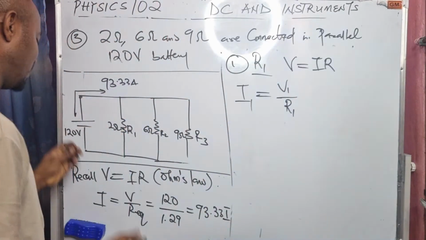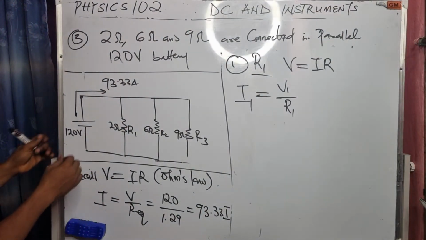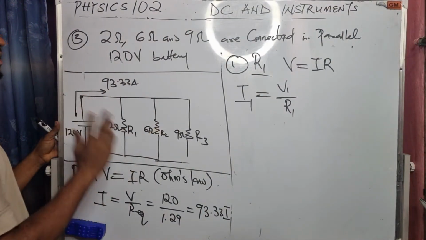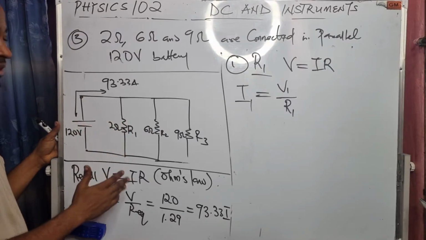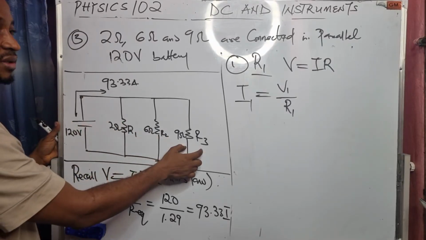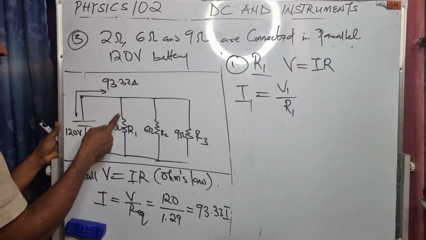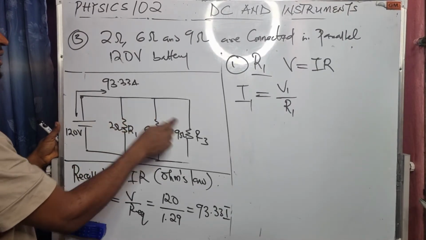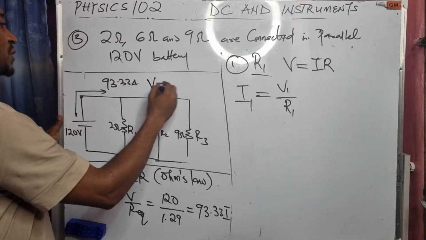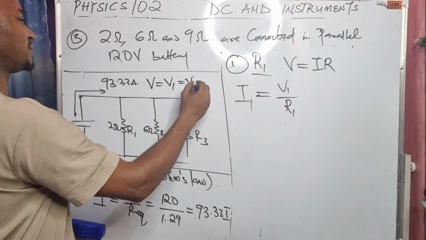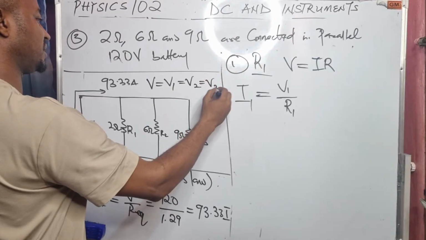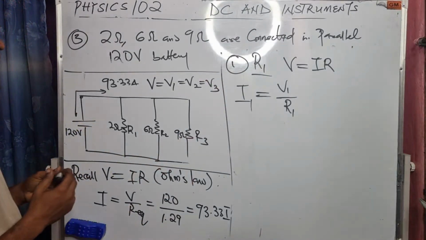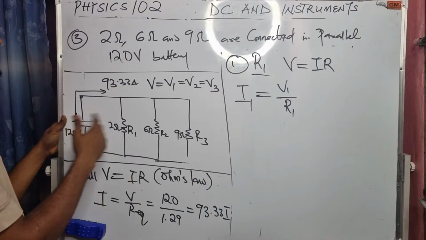But in this case, since these resistors are connected in parallel, we have the same voltage across them. The voltage drop here is 120. So V equals V1 equals V2 equals V3, right?